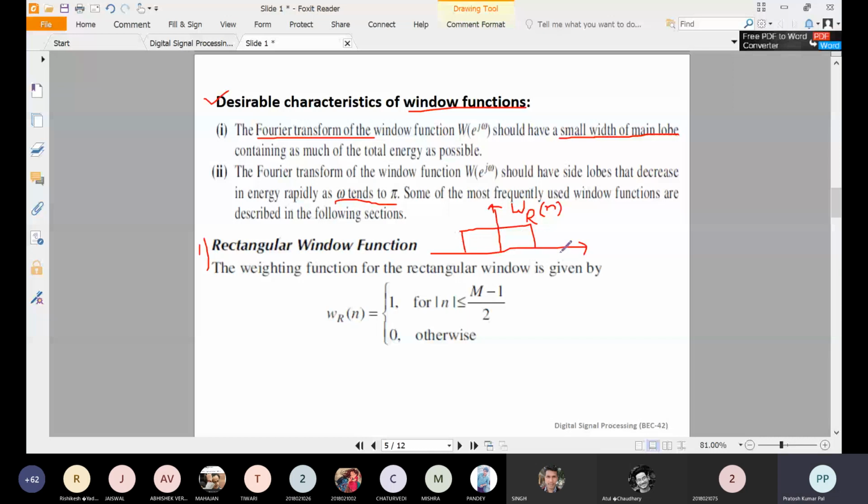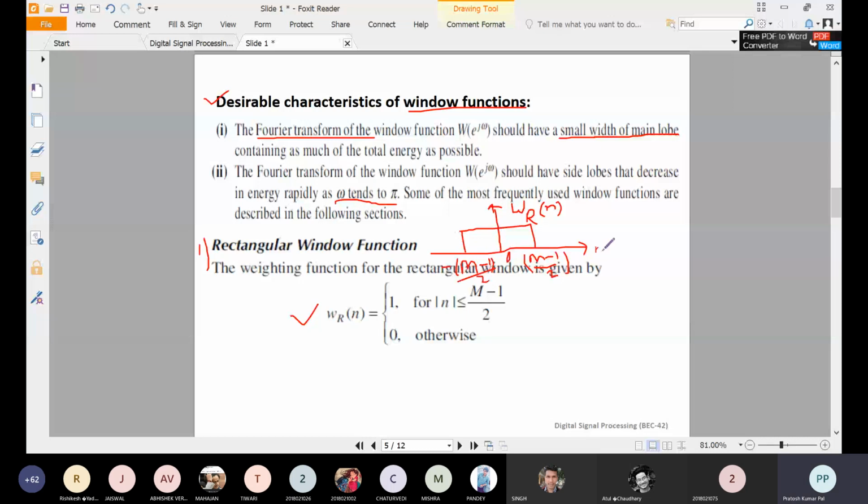So this means it is ranging from minus m minus 1 divided by 2 in the negative direction, and in the positive direction, m minus 1 divided by 2.